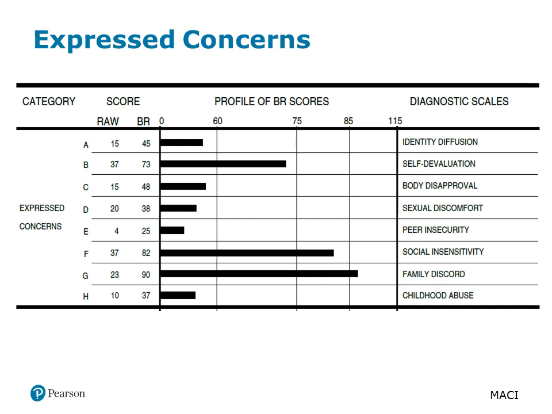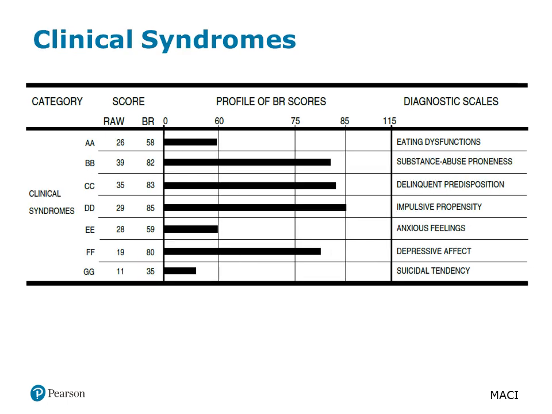When you look at the expressed concerns, notice that probably some serious family problems might complicate the other difficulties that she is experiencing, and then also the social insensitivity, which we actually identified previously when we looked at the personality patterns. And then when you look at the clinical syndromes, notice the ones that are elevated here.